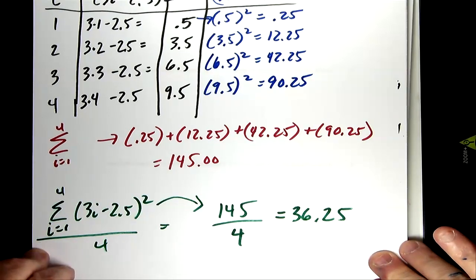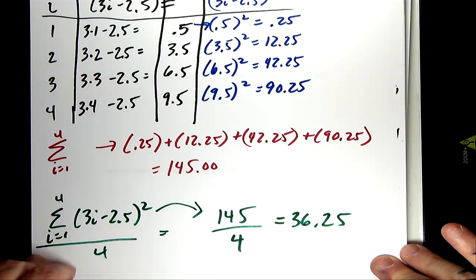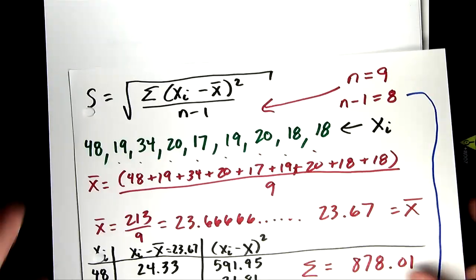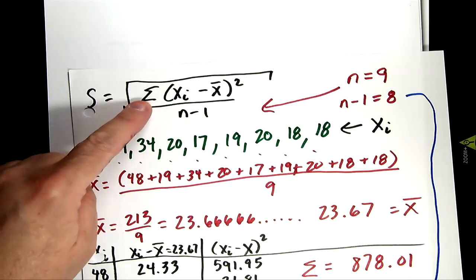Now, the reason why this shows up in this chapter, and I'm not going to walk through it, but I'm going to show you. The formula for standard deviation looks like this. We got the summation.